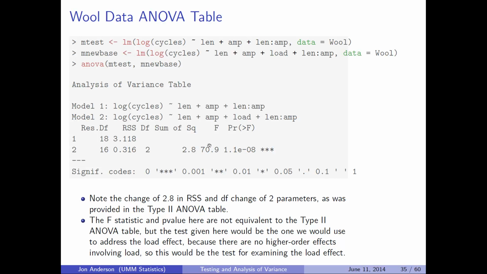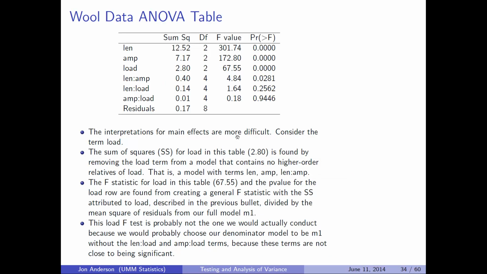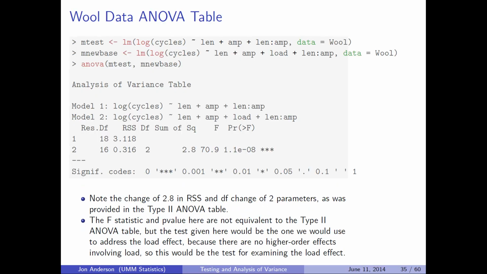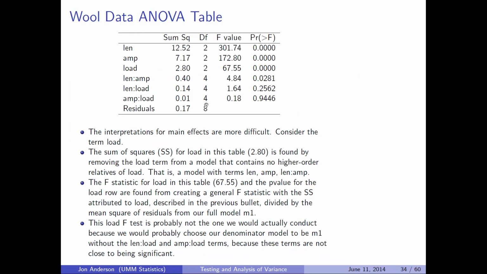You'll notice we get an F statistic of 70.9, and that 70.9 F statistic is not equivalent to the one that's given here using these residual sums of squares, because this is not the right one for main effects.